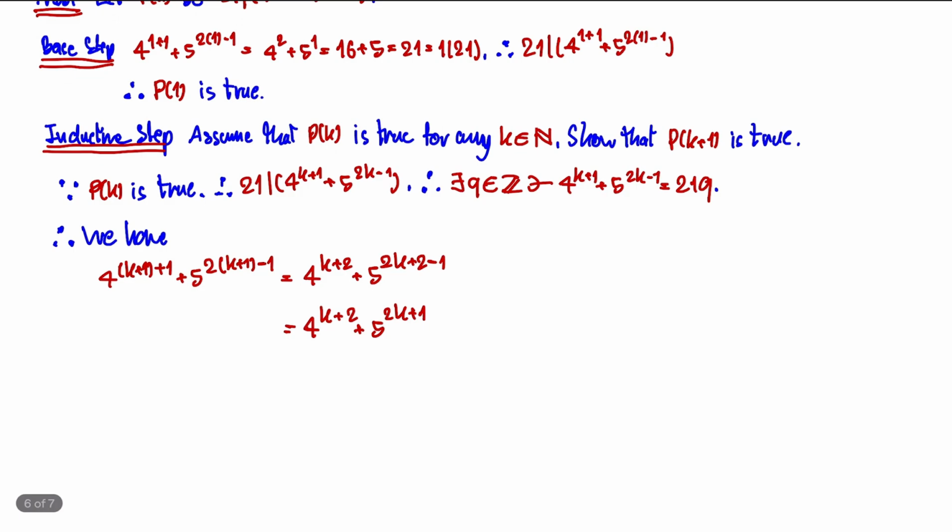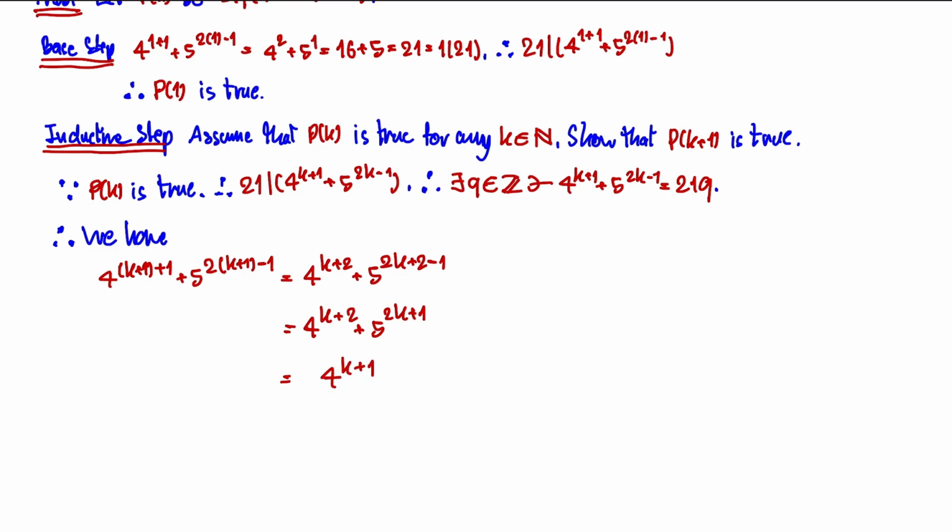Okay, so I want to use this statement. So what I have to do is try to have 4^(k+1) and 5^(2k-1). In this case, we've got 4^(k+1) times 4.